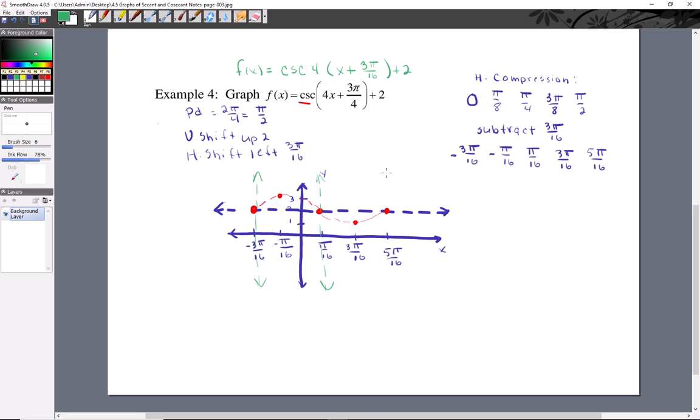Of course, you should be using a ruler. When I'm doing this electronically, I can't make a ruler work on it. But that's good enough. And then we can put the branches in. So one up here and one down here. And there you go. That's it.